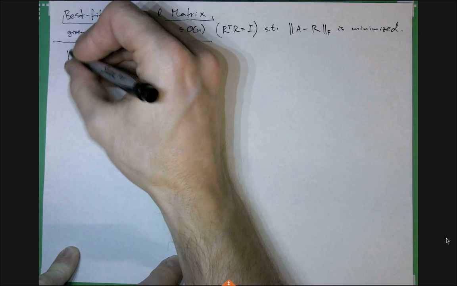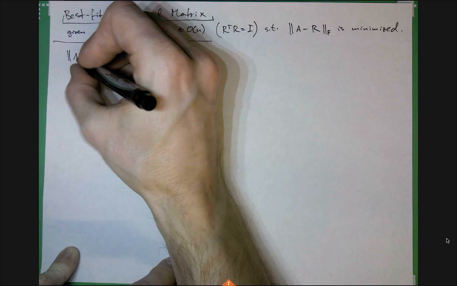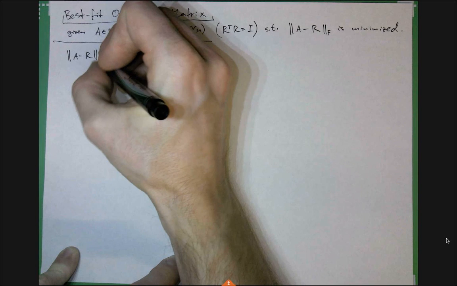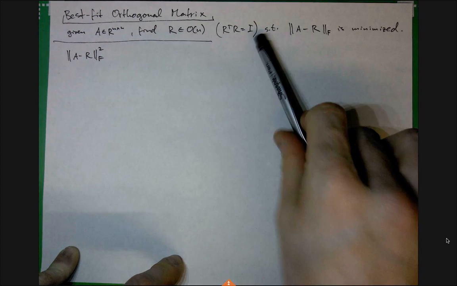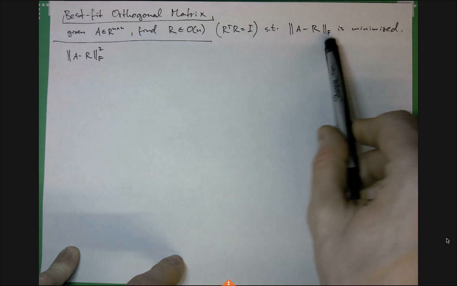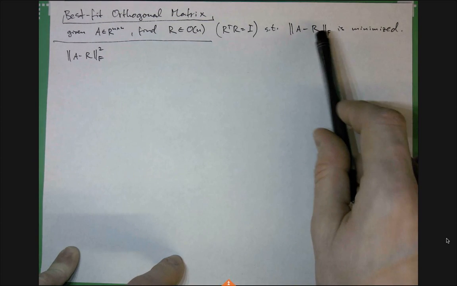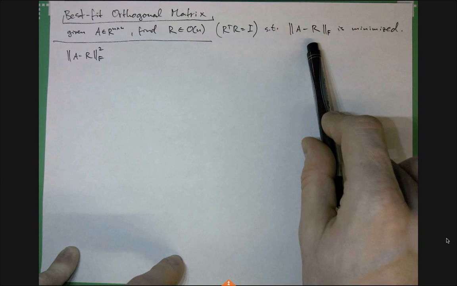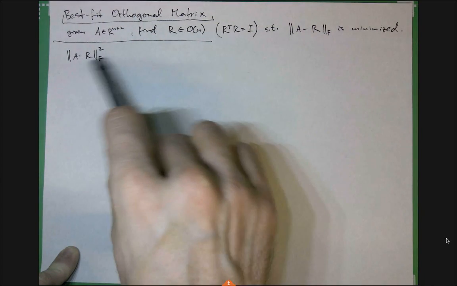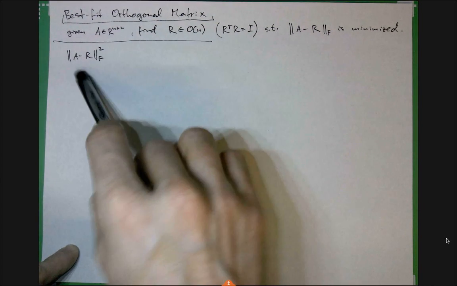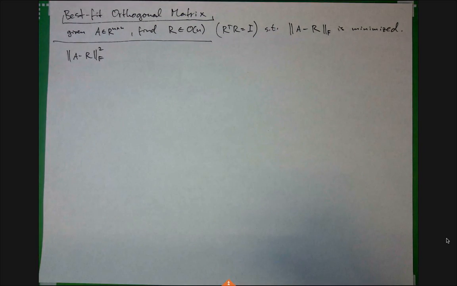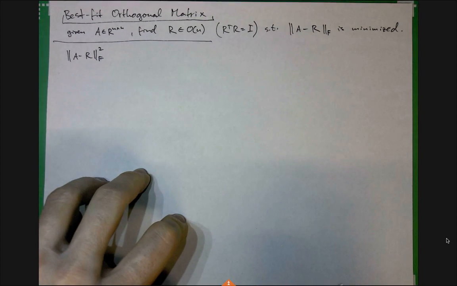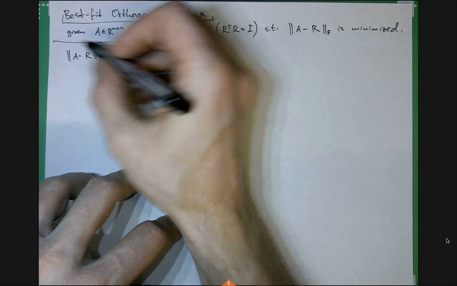So as before, instead of minimizing this, we can actually be minimizing the square, right? Because this is a Frobenius norm. This is always non-negative, right? It cannot be a negative number. So if I square it and look for the minimum of the squared thing, I must find the same result, the same R. Okay?